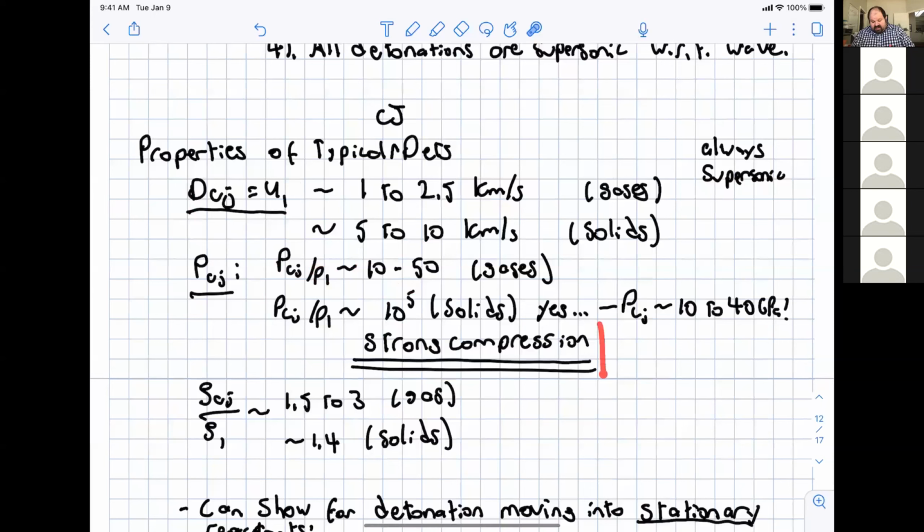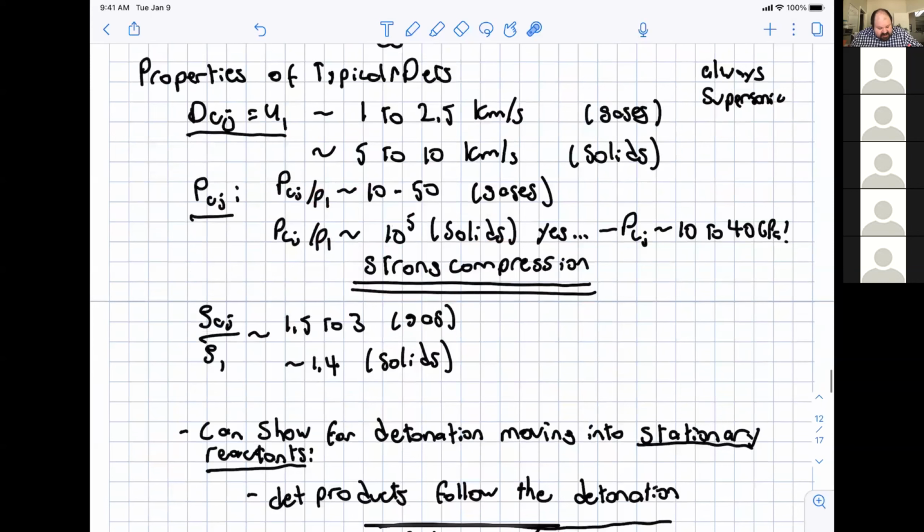And so detonations produce very, very strong compression waves, but there isn't that much change in the density or specific volume. For a gas, the density at the Chapman-Jouget point will be about 1.5 to 3 times that of the reactants.